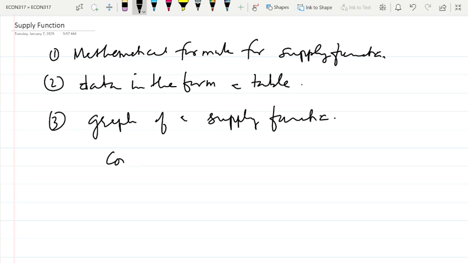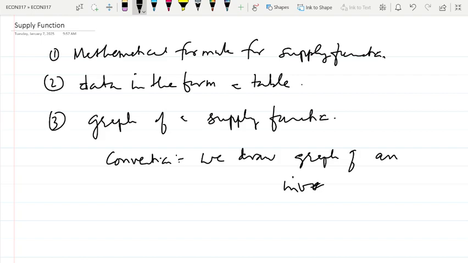This is our convention. We draw the graph of an inverse supply function.